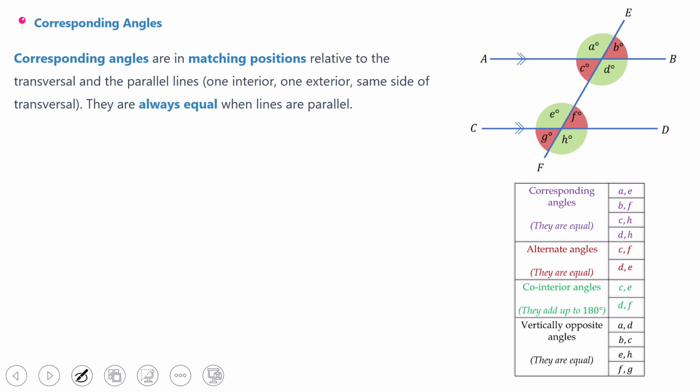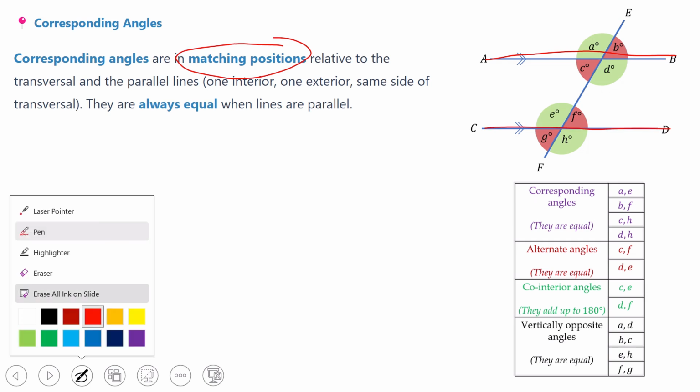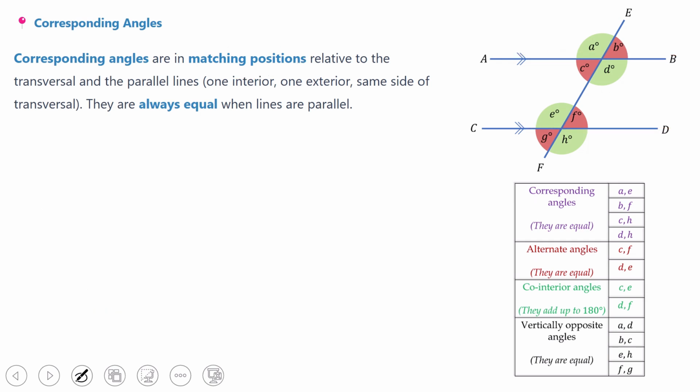When you take a look at these two parallel lines and consider the transversal line, if I take the angle A, relative to these angles, the angle A is at the top left. Now when I consider these angles over here, the angle E is also at the top left. So the angle A and the angle E are corresponding angles.